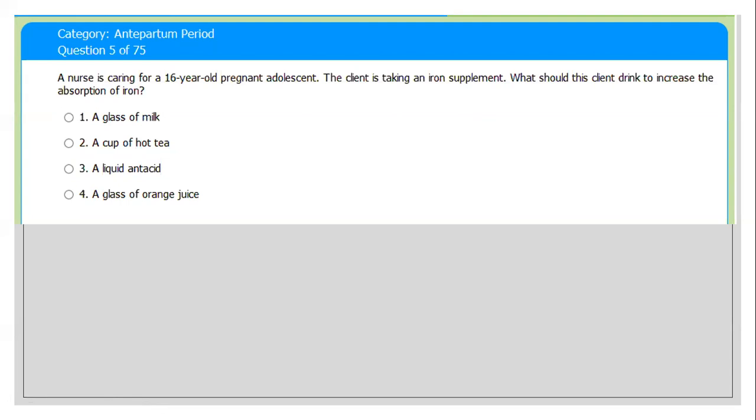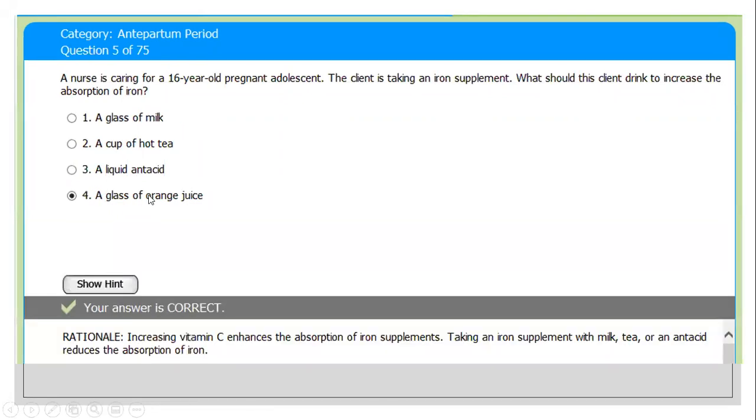So a nursing care plan for teen pregnancy is very important. The options are a glass of milk, a cup of hot tea, a liquid antacid, or a glass of orange juice. The correct answer is a glass of orange juice.